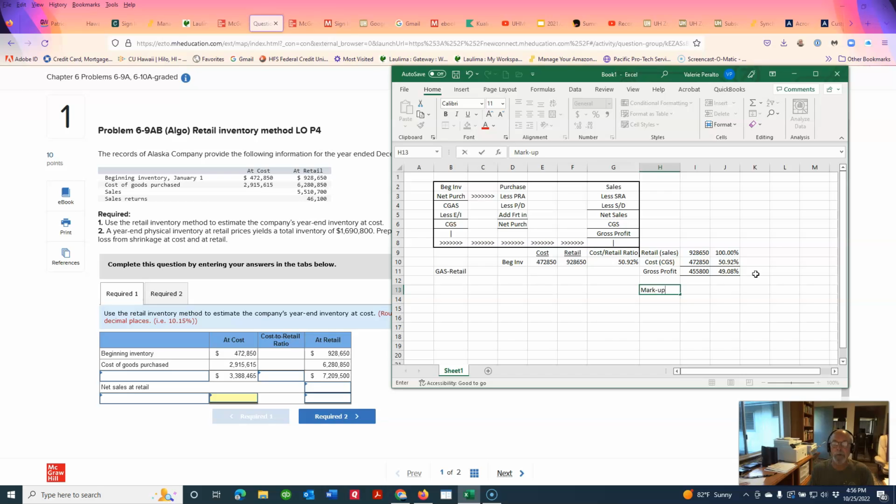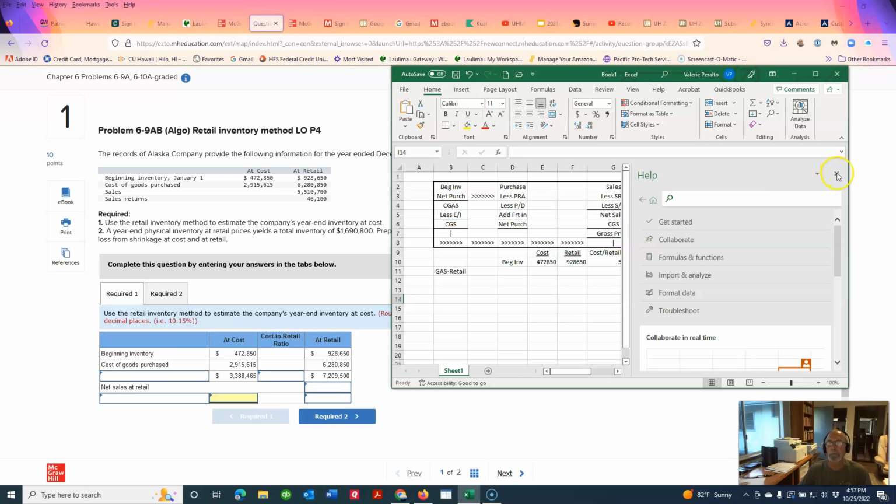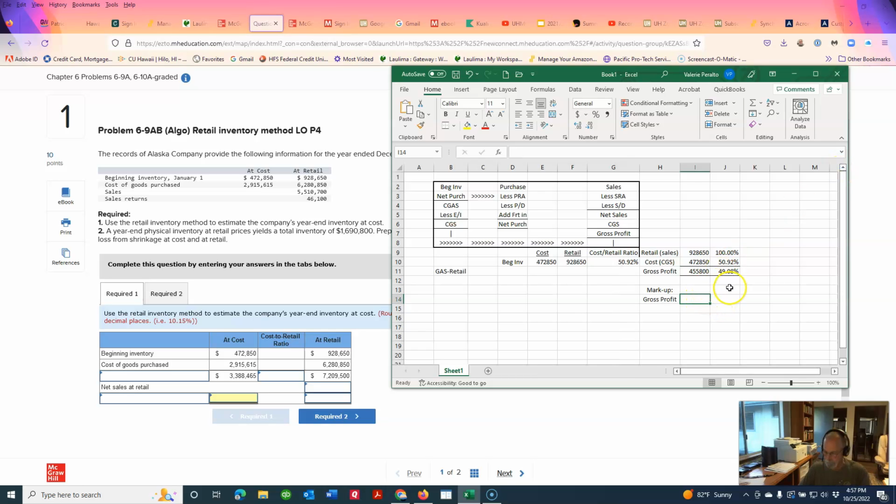So our markup would be based on the amount of our gross profit as a percentage of our cost of goods sold or cost.